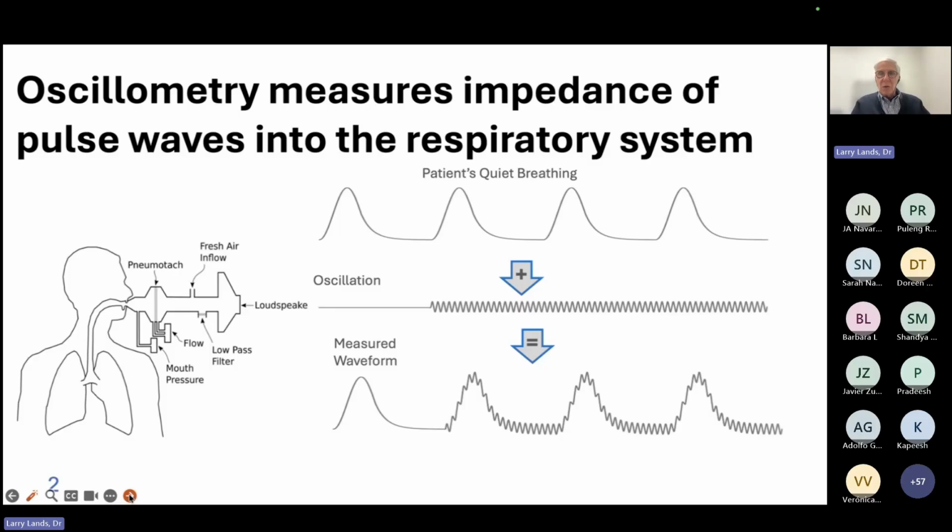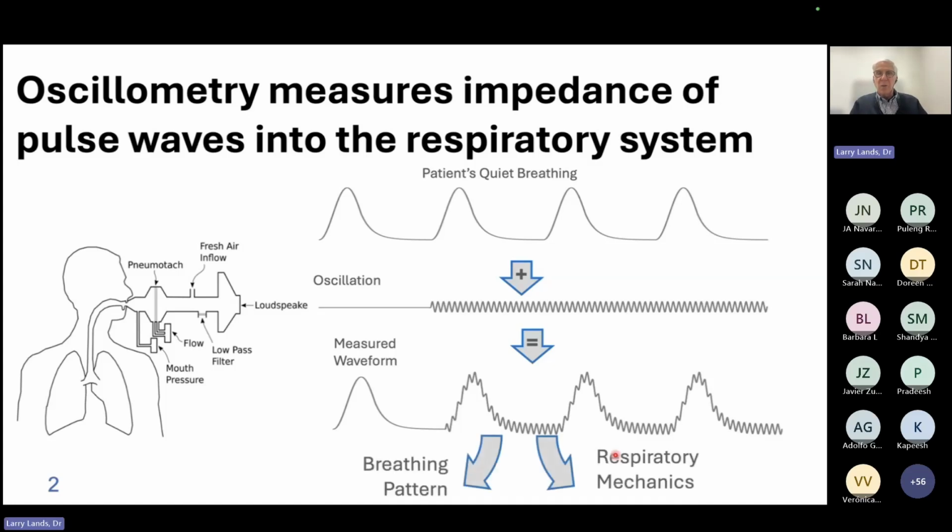And so you get a signal, which you can see on the bottom here, that has the superimposed oscillations on the normal breathing. And these give rise to, you can see both the breathing pattern and respiratory mechanics, specifically impedance, which then can be broken down to its components, which are resistance and reactance.